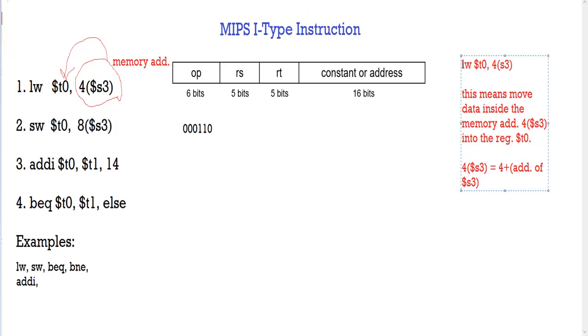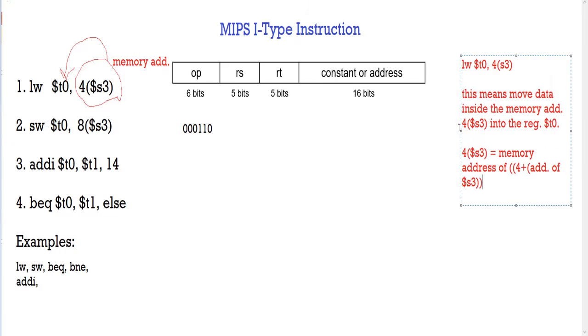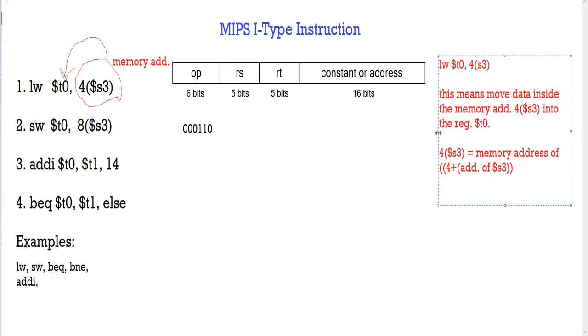Okay, you're just going to have to get your head around this because I understand it can be confusing at first. Memory address of 4 plus address of S3. Alright then.